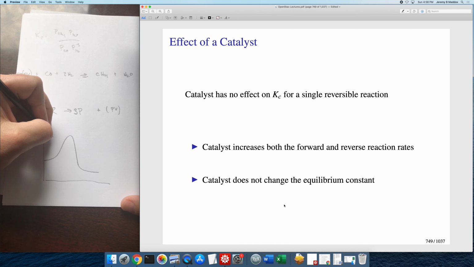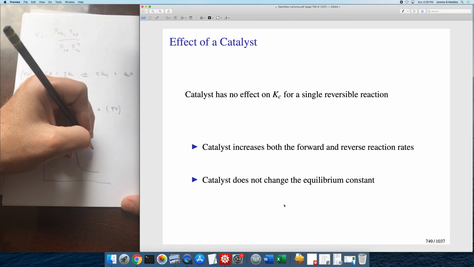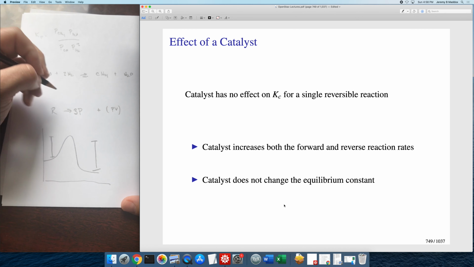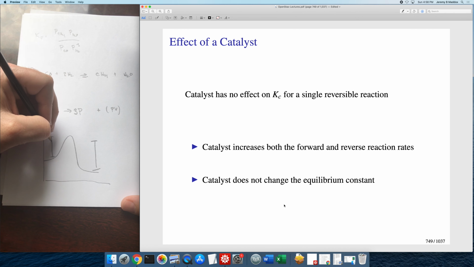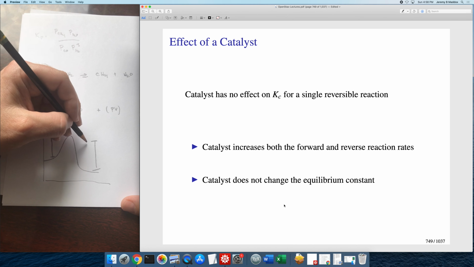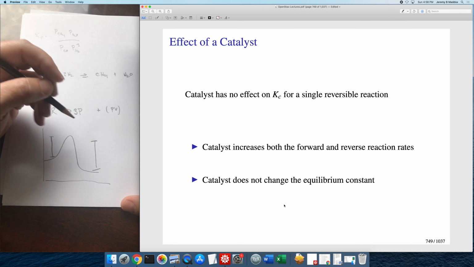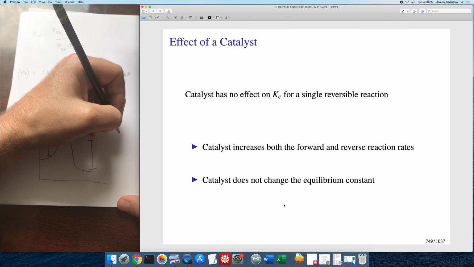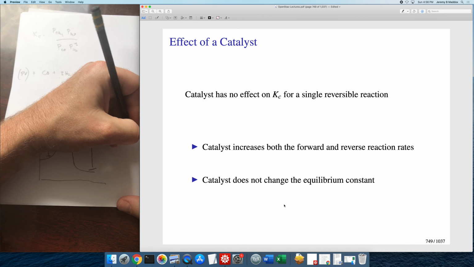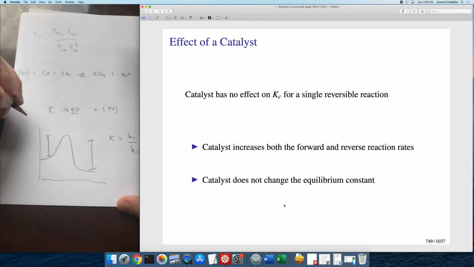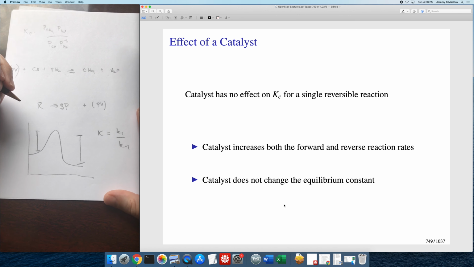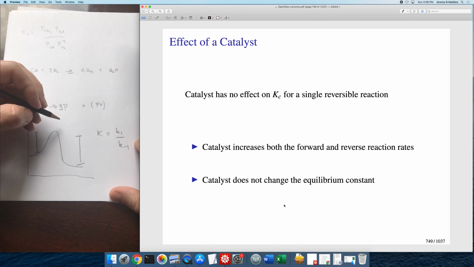Right, you've got an activation energy in this way, you've got an activation energy here. The activation energy going in the forward direction is connected with the forward rate constant. The activation energy in the reverse direction is associated with the reverse rate constant. The equilibrium constant is a ratio of the forward over the reverse rate constant. That's what we talked about in a previous video.